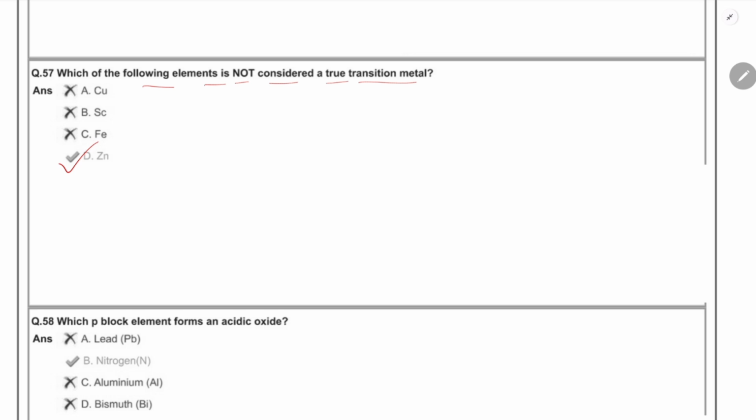So zinc is not considered a true transition metal because of the definition of a transition metal: a metal which has a partially filled d orbital in its ground state or excited state is called a transition metal, meaning d1 to d9 systems.